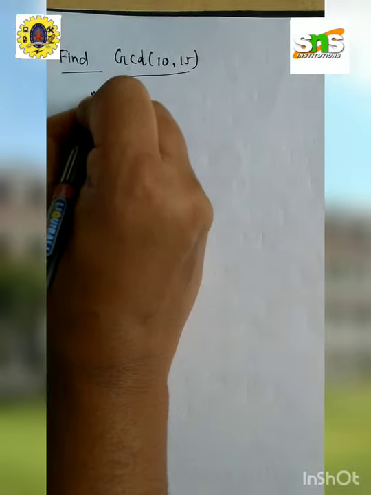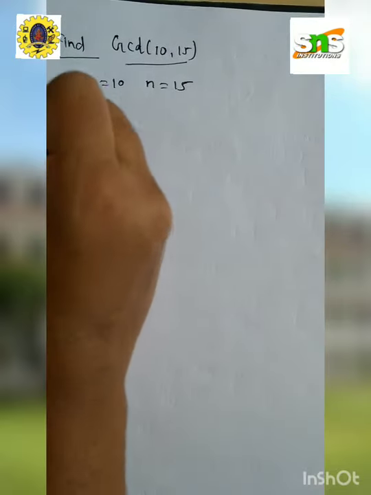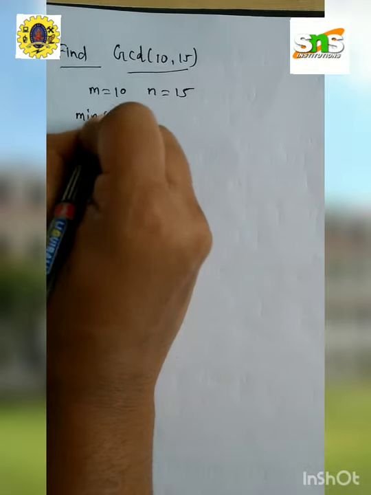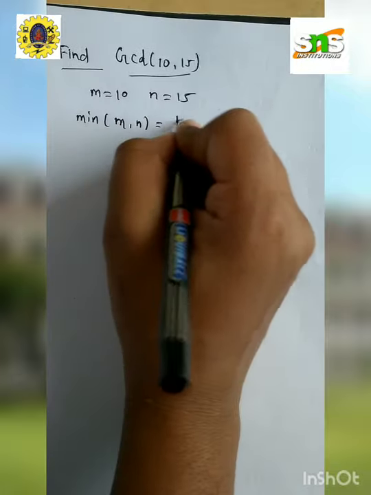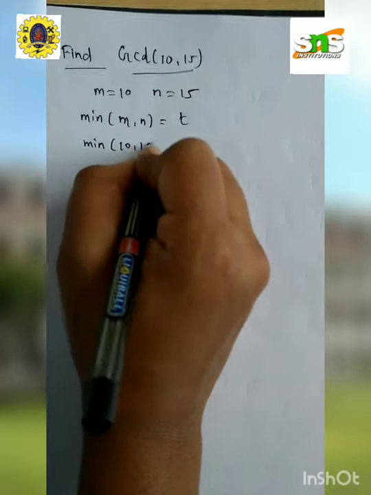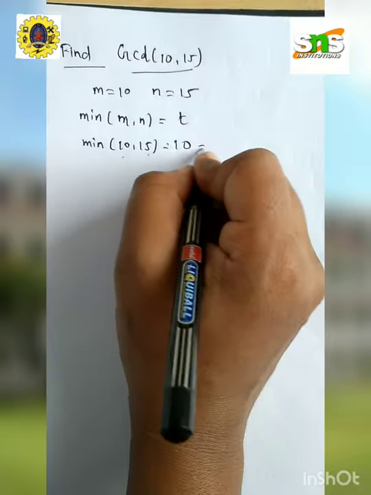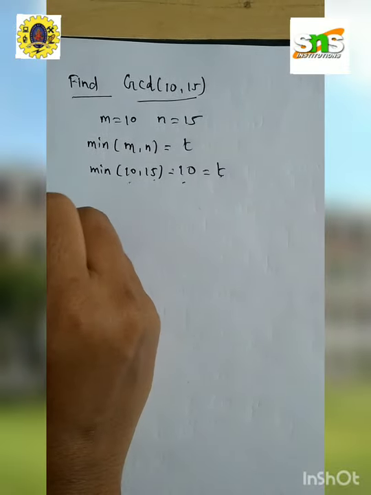So m is equal to 10, n is equal to 15. The first step: find the minimum of m, n and assign the value to t. The minimum of 10, 15 is 10. Which one is minimum? 10 is minimum. So t is equal to 10.